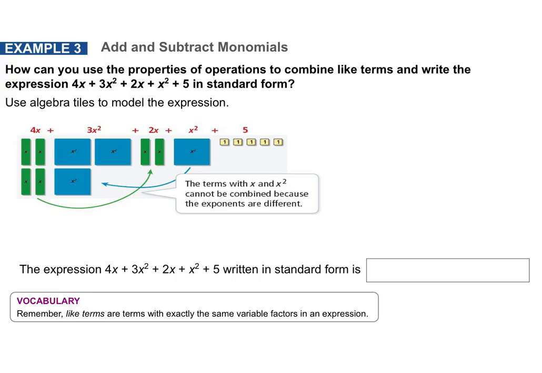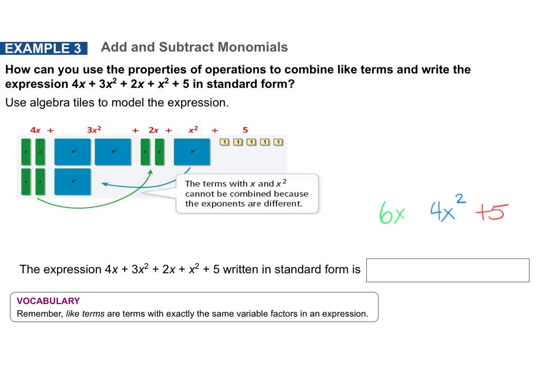So we're going to combine all of the rectangles, which is going to give us 6x. We're going to combine all of the blue squares, which is going to give us a 4x squared, and the counters, which are just the numbers 5.